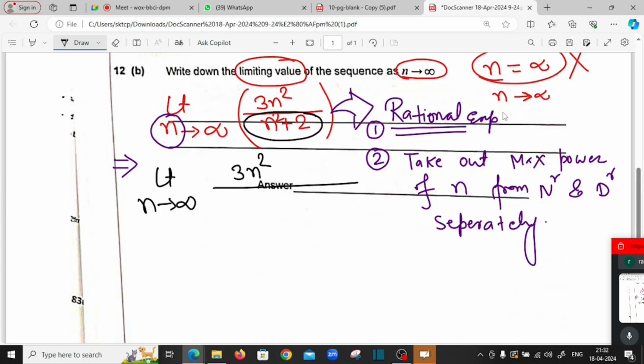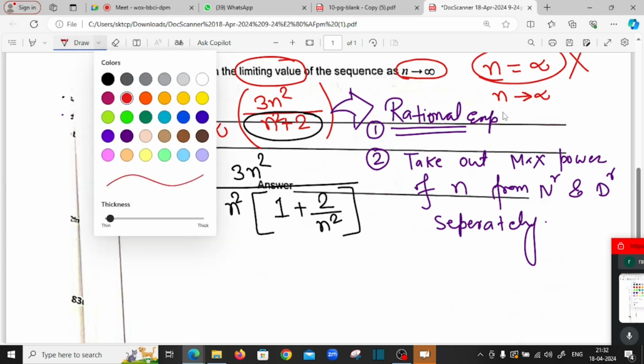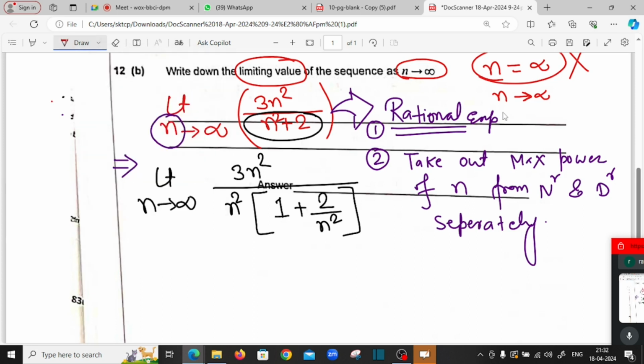N square. So take n square common. So what you will get? 1 plus 2 upon n square. Is it okay?